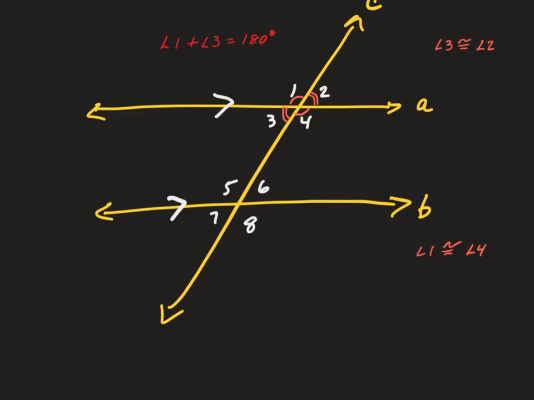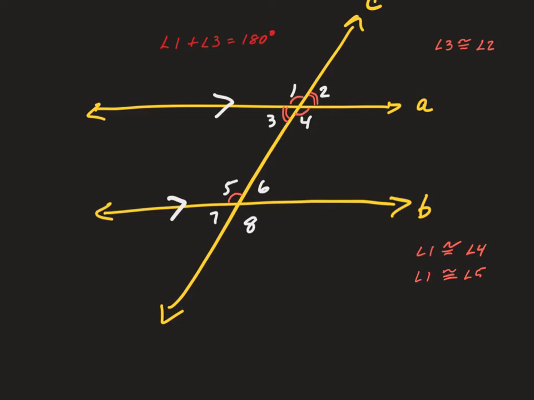All right, so if corresponding angles are congruent, since the angle measure here is going to be the same as the angle measure here because my lines are parallel, that tells me that angle 1 is congruent to angle 5.